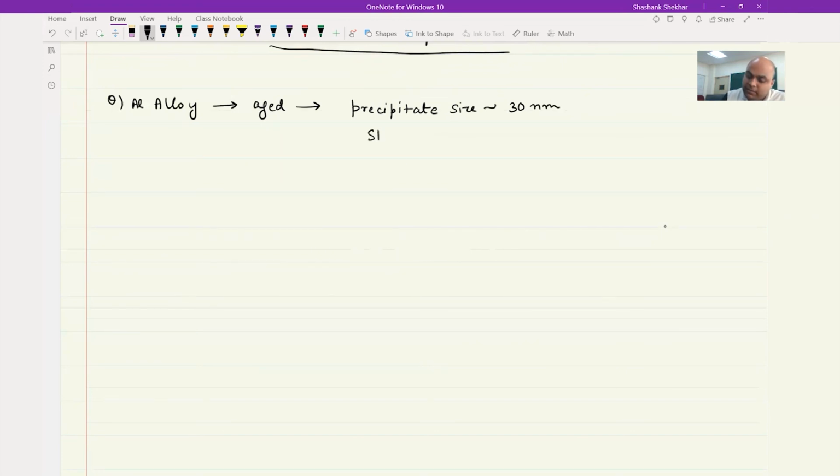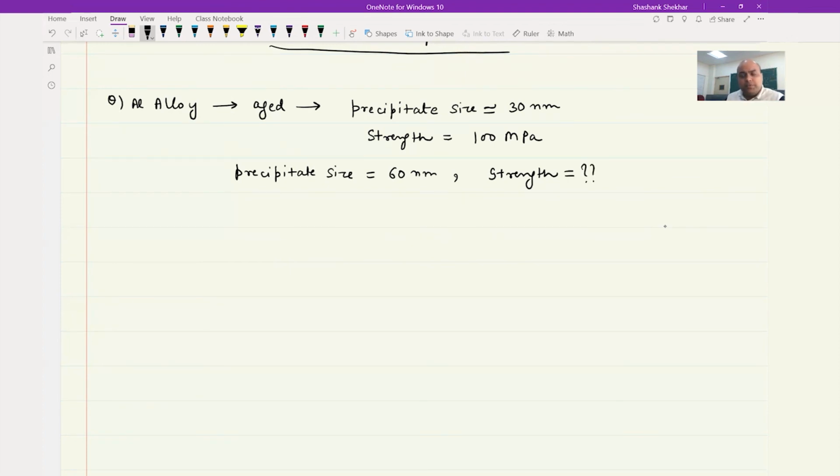Okay, and you measured the strength, the tau value, and you got, say, 100 MPa. Now the question is, if you change the aging condition, and the precipitate size is now, say, 60 nanometer, then what is the strength? You're talking about the same alloy system, so G remains the same, b will remain the same, meaning material properties remain the same.